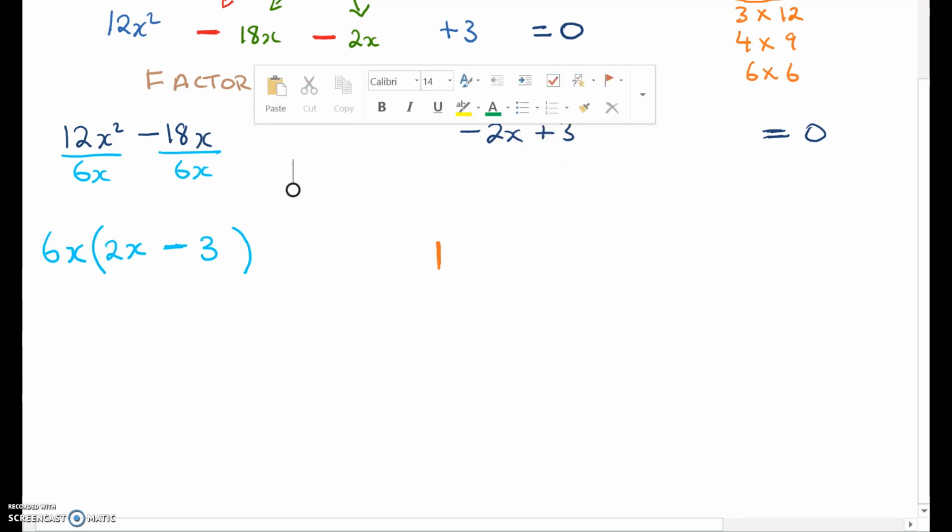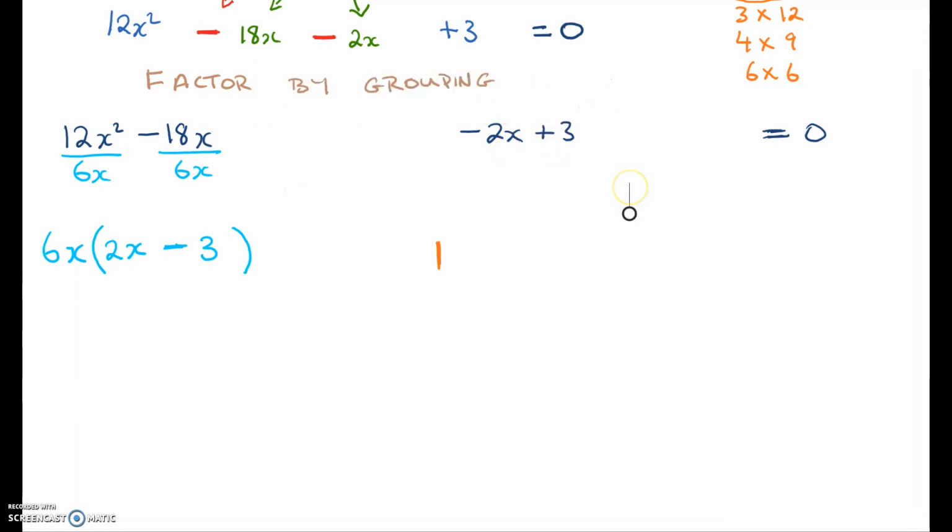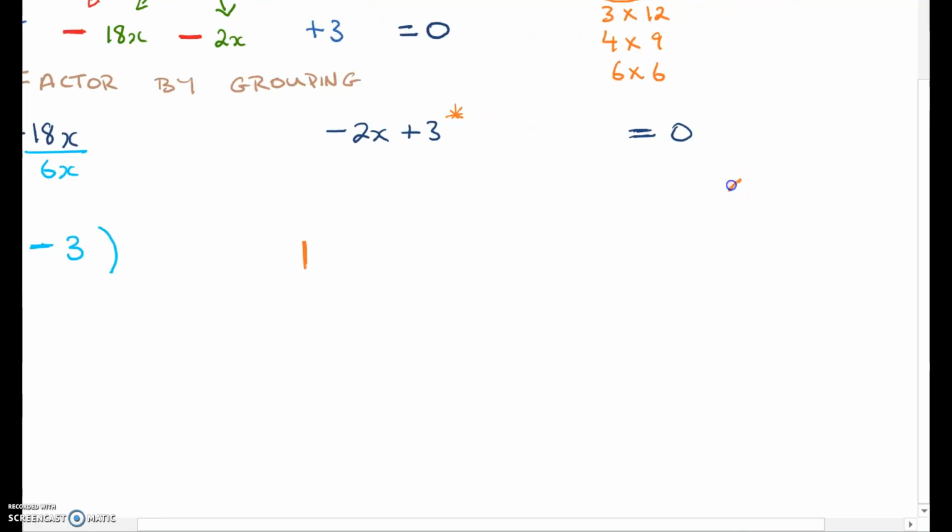But if you remember, when this second pair begins with a minus sign, we make minus part of our GCF. So this pair, okay, we'll write it over here. The second pair begins with a minus.